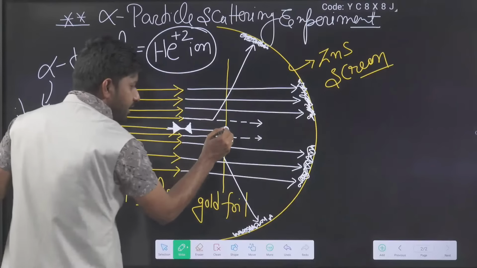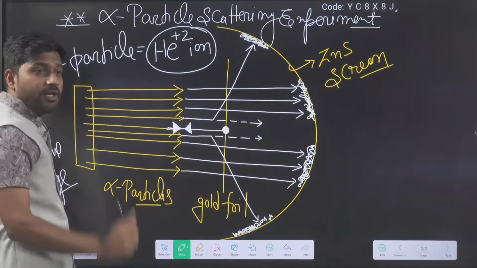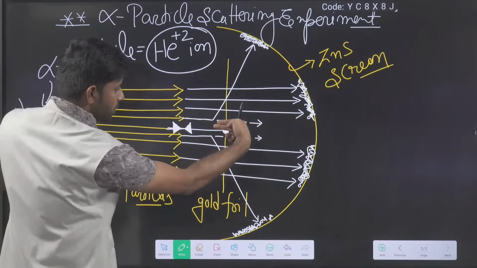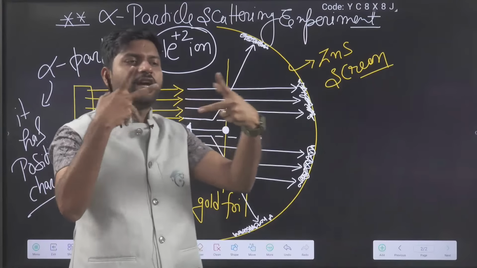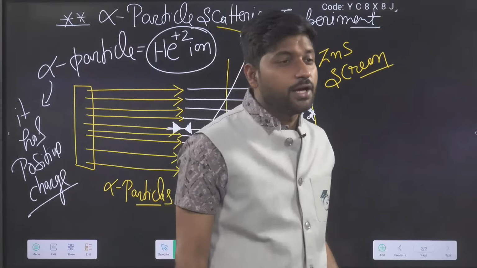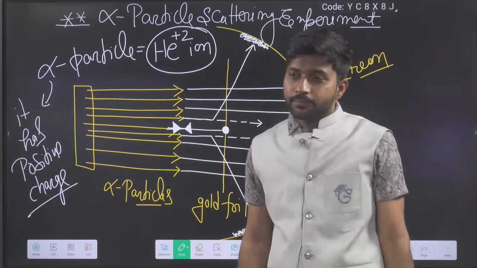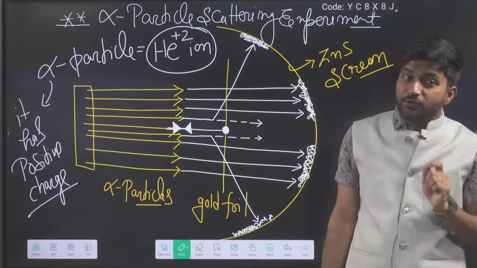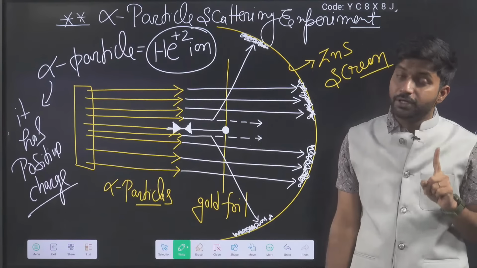This is one body, and an alpha particle is the other body. Both bodies are going to hit each other head to head. I repeat, listen very carefully.